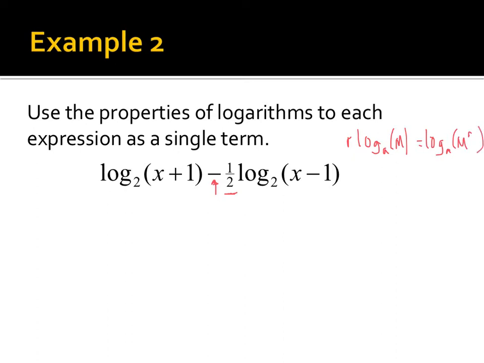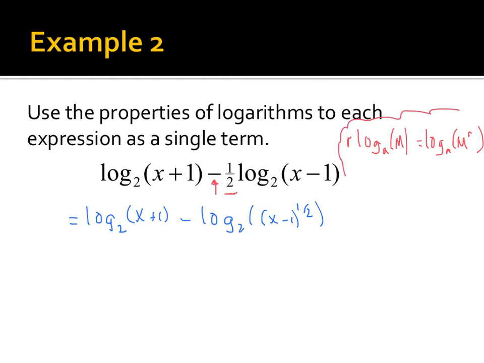So this is log 2 of x plus 1 minus log 2 of x minus 1 to the 1/2 power. Hopefully you remember, and this is going to require us to remember many properties, that anytime you have a number to the 1/2 power, it really means the square root of that number.